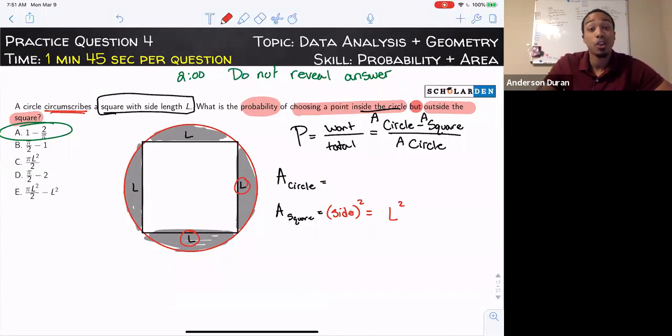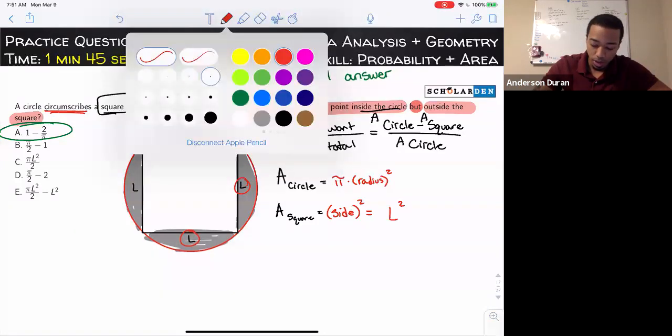Perfect. Now let's talk about that circle. This is going to be a little tougher. Remember, the area of a circle will be pi multiplied by the radius squared. So the question now becomes, how can we get the radius of this circle? Let's reveal that answer.